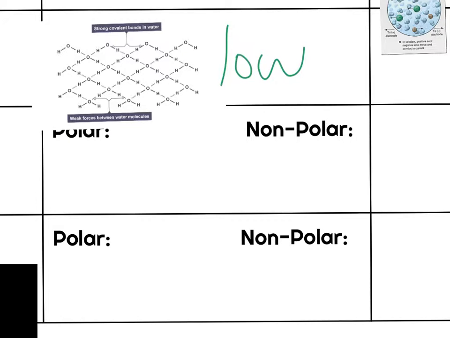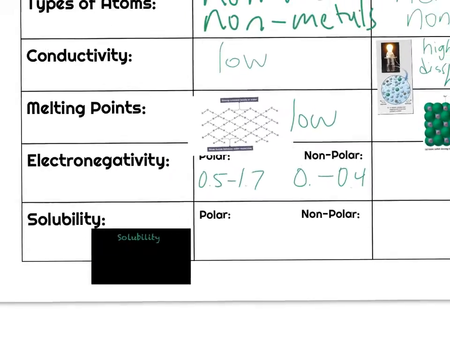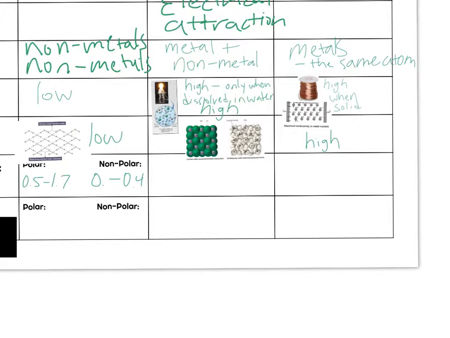We know that for nonpolar, the electronegativity is between 0 and 0.4, and for polar, the electronegativity is from 0.5 to 1.7. Now, some of you were asking the other day, what happens if it's greater than 1.7? Well, if the electronegativity is greater than 1.7, this would be when we have an ionic bond.